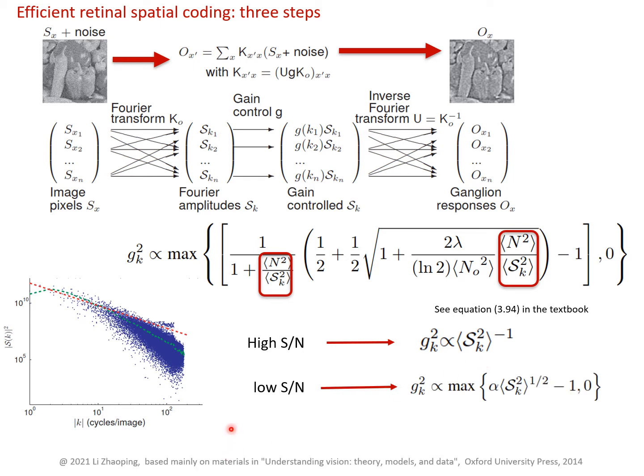When the signal to noise is low, this gain is stronger for higher signals in order to smooth out noise. Therefore at each spatial frequency, you have to see how high the signal is and how high the noise is, to see whether it's high or low signal to noise for each frequency.